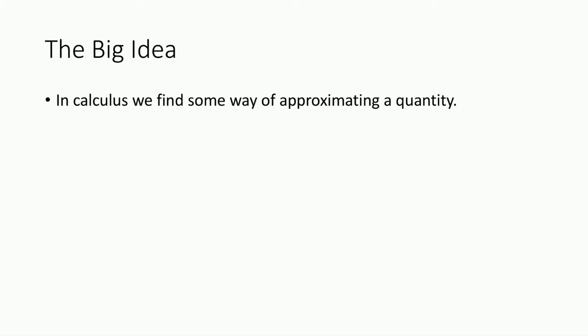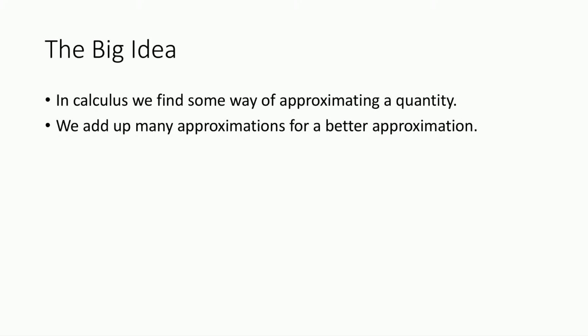So we're going to break it up into small pieces, find some way to approximate. Then we're going to add up a bunch of approximations to make a better approximation. So in other words, if we can approximate this with one big rectangle, then maybe we could do it with 4 smaller rectangles, and then maybe 16 little rectangles. You can see where we're going with this: make the rectangles smaller and smaller.